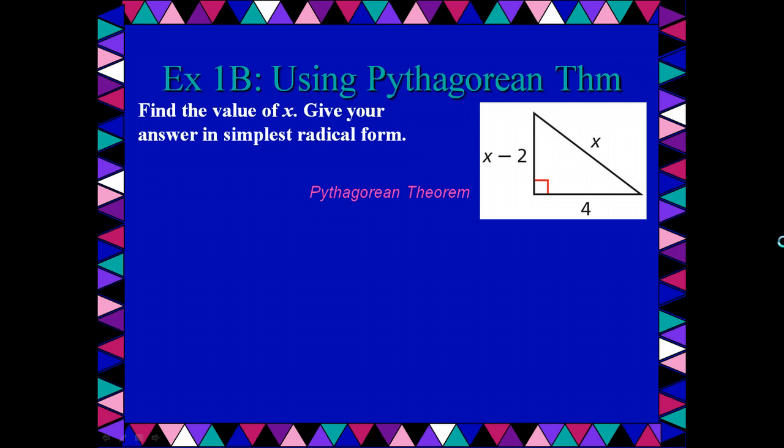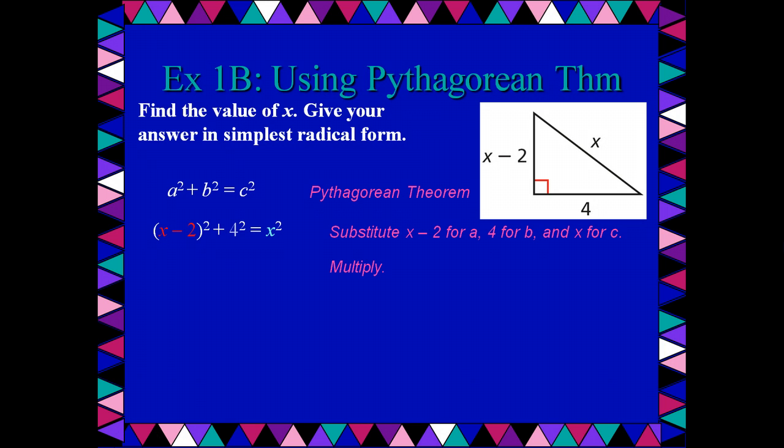Another example, we want to find the value of x and give our answer in the simplest radical form. Start with the Pythagorean theorem. Substitute x minus 2 for a, 4 for b, and x for c. We're going to multiply.